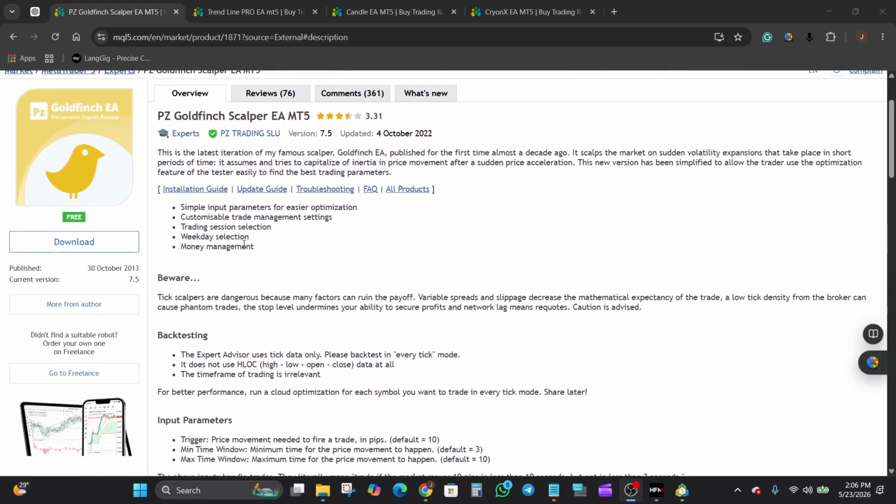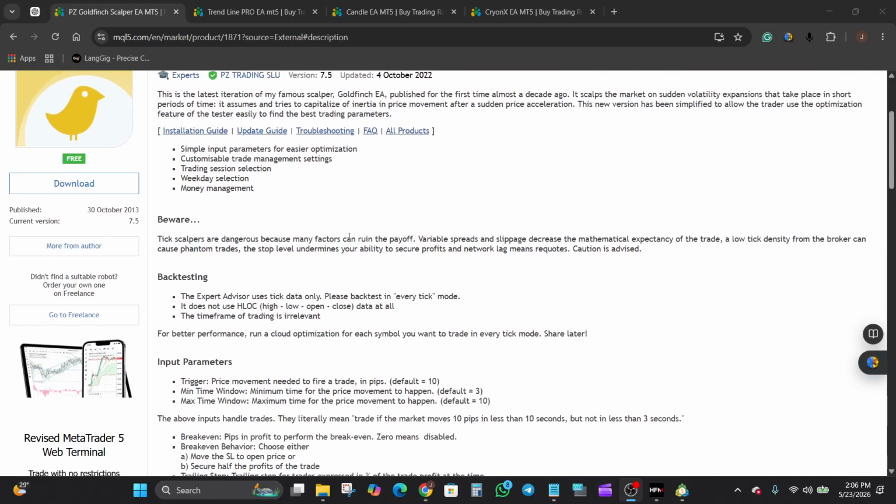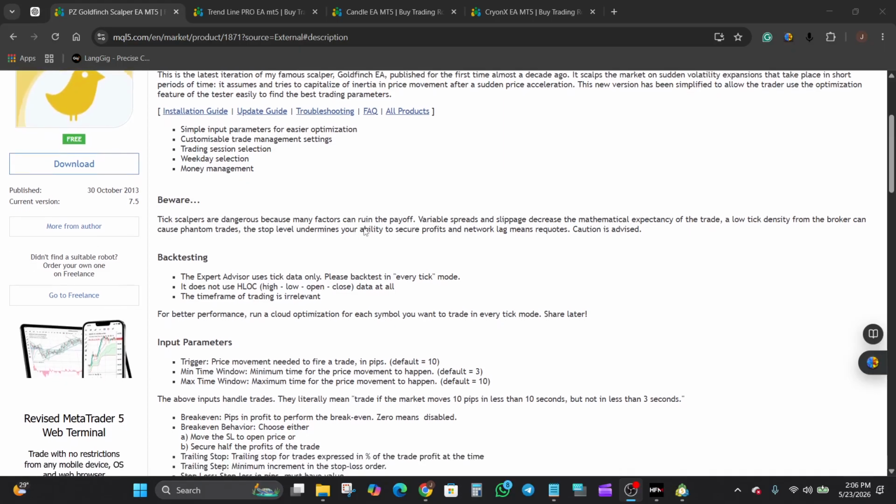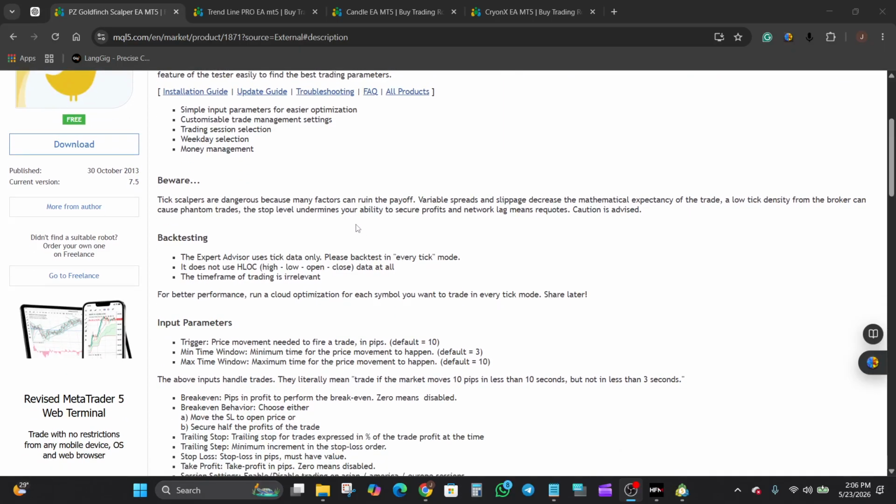Now, scrolling down, I can see the developer has simplified this newer version to make it easier to optimize inside the strategy tester. So instead of overly complex logic, it focuses more on adjustable parameters that the trader can fine tune based on their own testing.